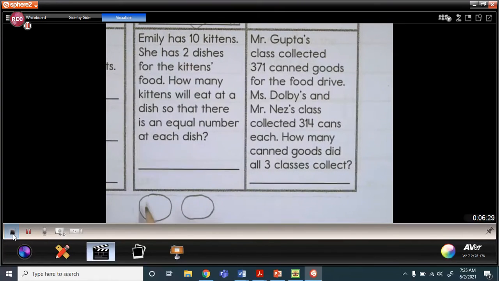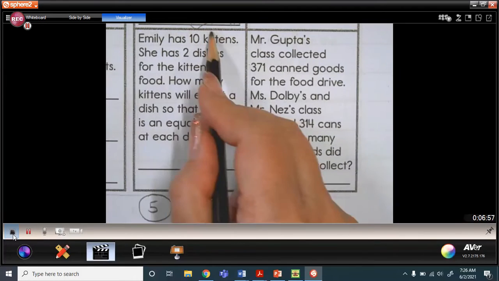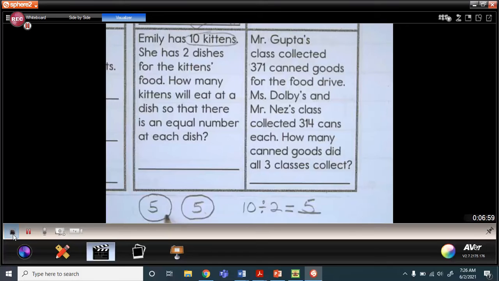If I know that I have 10 kittens and I'm dividing them into the 2 groups because the bowls are considered the groups, how many will be at each bowl? Well, I could do 5 and 5, right? So 5 kittens would be around this bowl and 5 kittens would be around this bowl. So this is a division problem because we're using what we know about taking these kittens and sharing them between the 2 bowls.